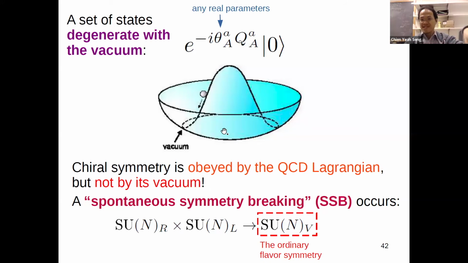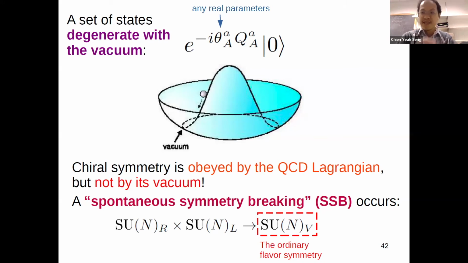So you have a degenerate set of vacua. Therefore, the absence of parity doubling suggests that there is a degenerate set of vacua in QCD, which in turn suggests that the chiral symmetry is spontaneously broken in nature.